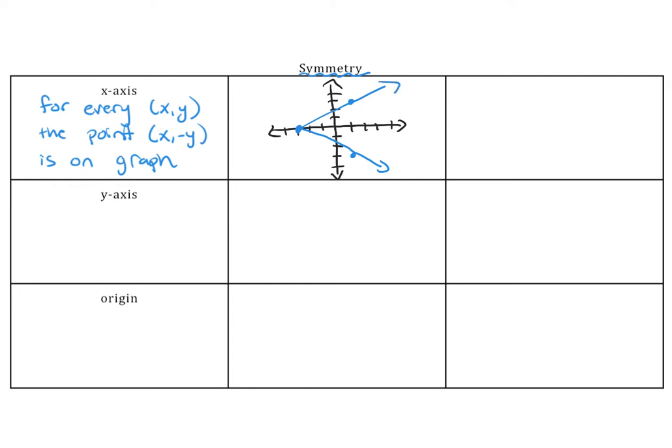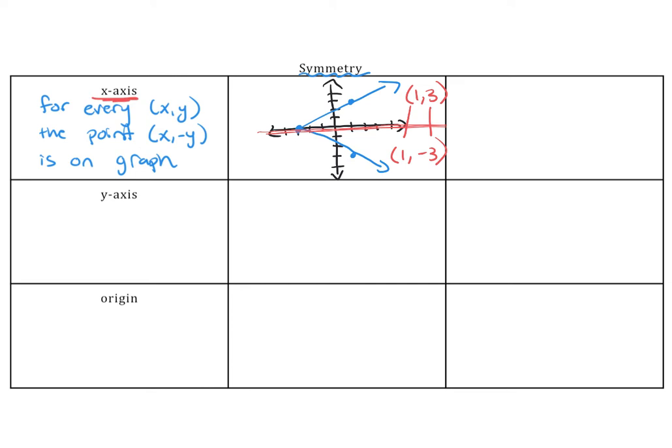Just a quick visual, you can tell that if the x-axis is cutting it in half, it is symmetric about the x-axis. Specifically, I have the point 1, 3, and then I also have the point 1, -3. So the x values are the same and the y values are opposite. Makes it symmetric across the x-axis.